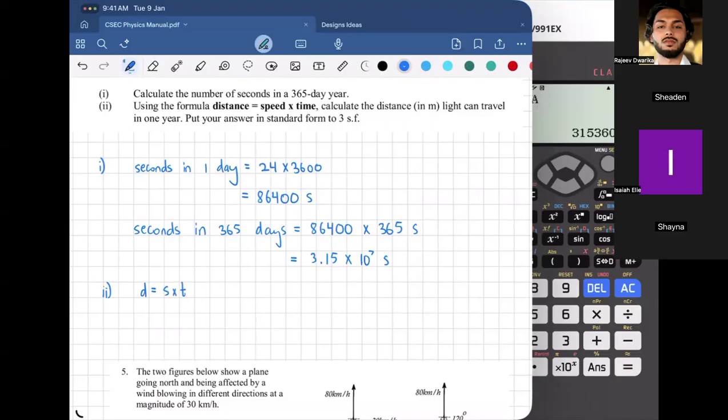So they want us to figure out the distance. Do we have to make anything the subject of the formula, or is the formula already there? The formula is already there. Cool. So distance is equal to speed by time. Do we know the speed at which light moves?